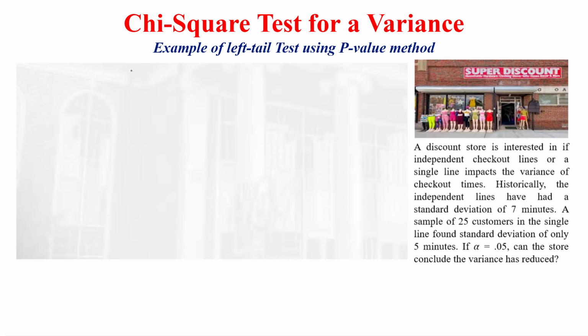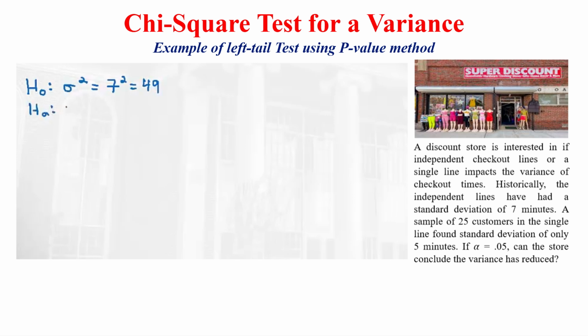Our goal is to see if it has reduced. So our null hypothesis is that the variance, sigma squared, is equal to what the population variance is. Notice we're given the population standard deviation of 7. To change it to a variance, we have to square it to get a variance of 49.